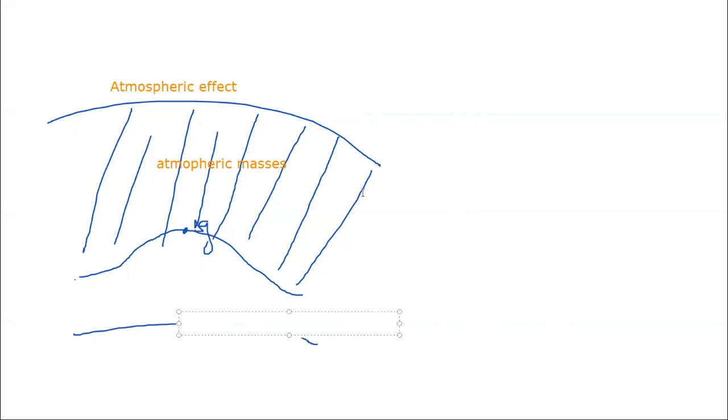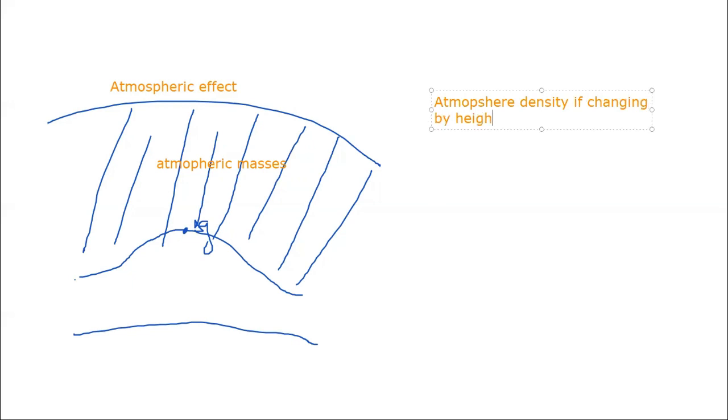Therefore, we should use the internal type of the potential for correcting the effect of atmosphere. But the problem is that the atmospheric effect, the atmosphere density, is changing by height.